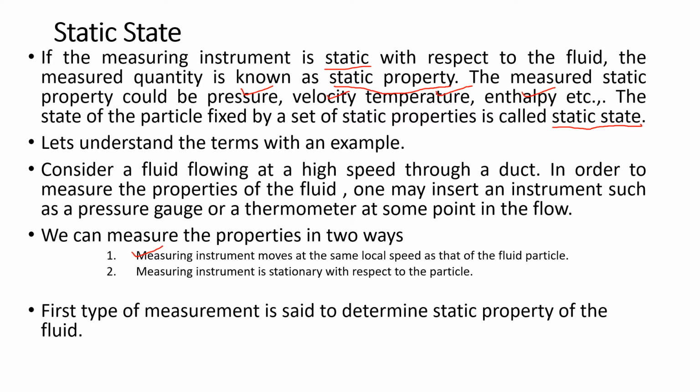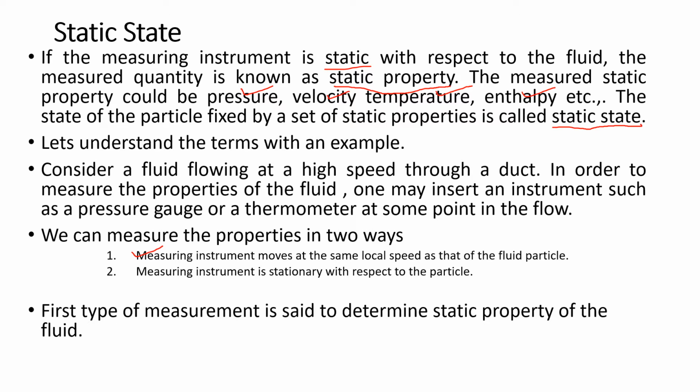So there is no relative motion between the measuring instrument and the fluid particle. You can just imagine the measuring instrument, when you insert it into the duct, moving at the same speed as the fluid particle. You are literally moving the measuring instrument along with the fluid particle, to make sure that there is no relative motion between the fluid particle and the measuring instrument.